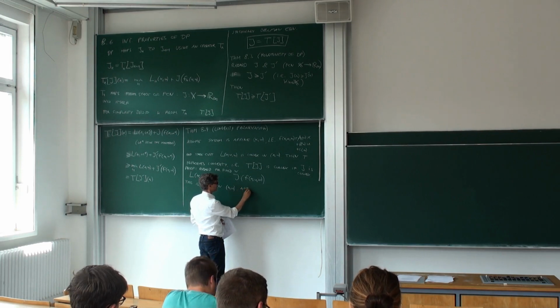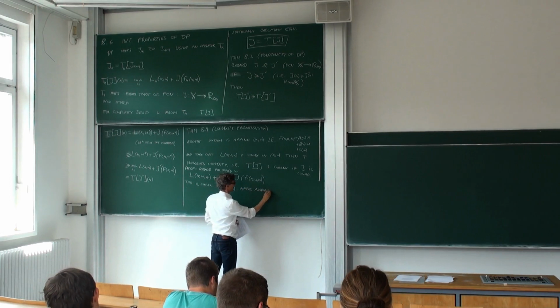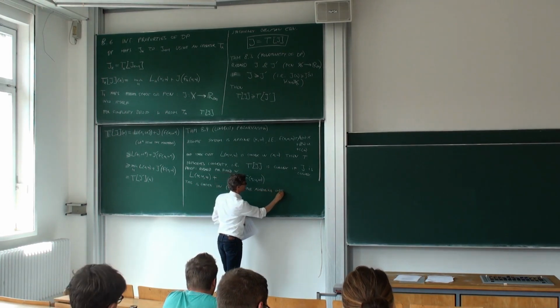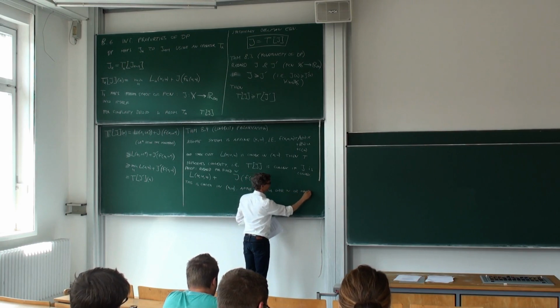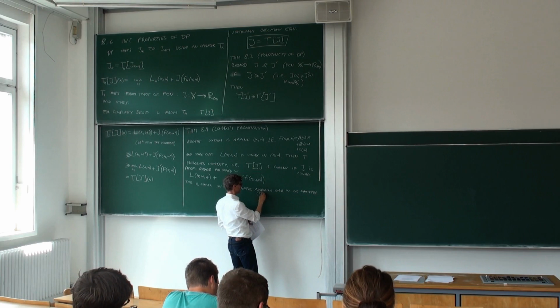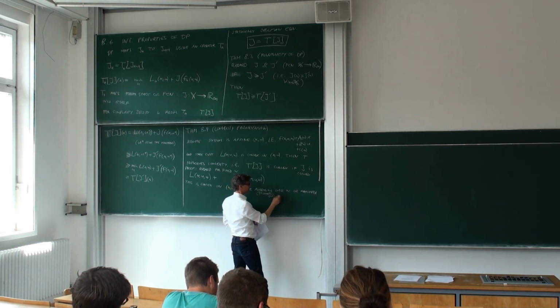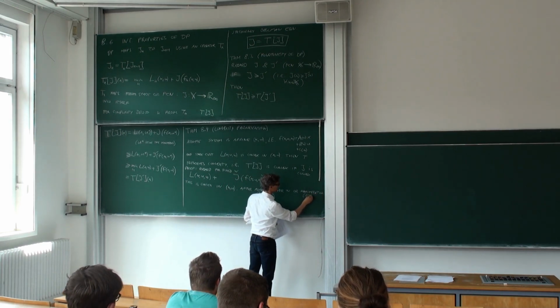After averaging over w or maximization, so averaging is actually for stochastic DP, and maximization would be for robust DP.